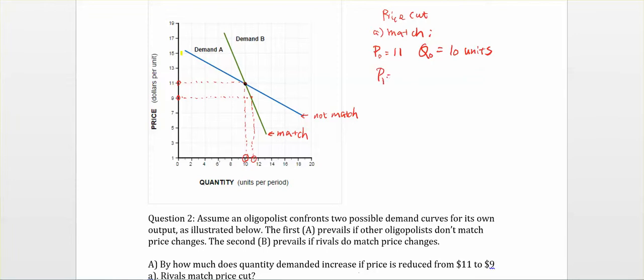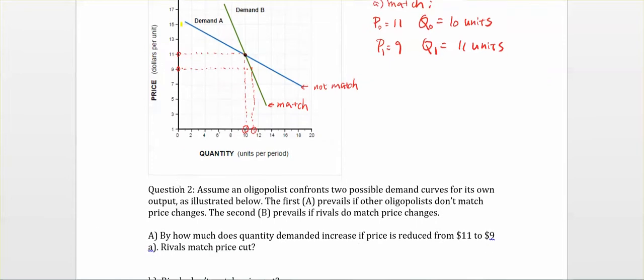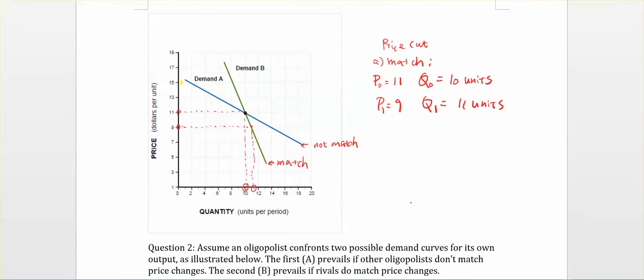When we decrease the price to $9, the new demand becomes 11 units. So the demand increased from 10 to 11, an increase of 1 unit.